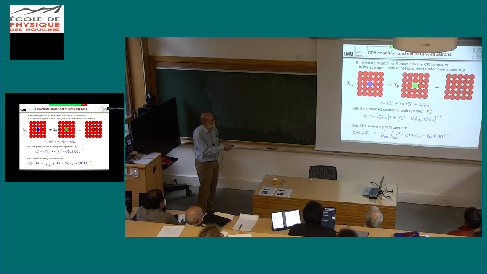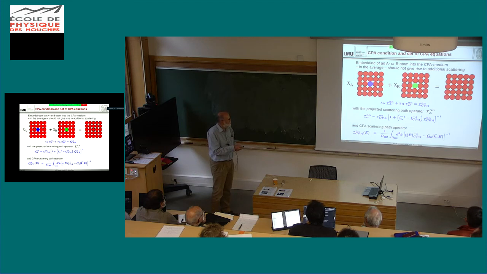And this corresponds to this embedded scattering path operator of an A atom into that red medium, just what we have discussed before, and this is the same for B. So once more, the expression written a bit differently.